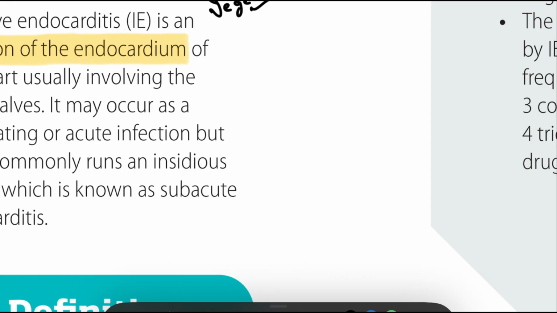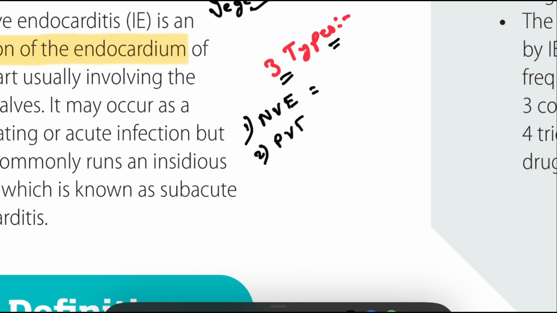Infective endocarditis has 3 different types. The first is NVE, native valve endocarditis, which is infection of normal native valves. The second is PVE, prosthetic valve endocarditis.